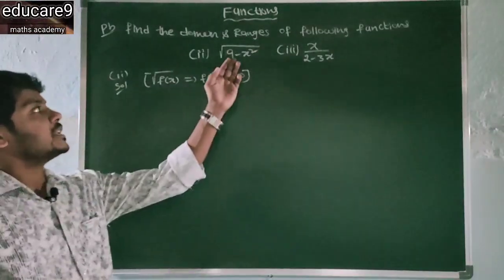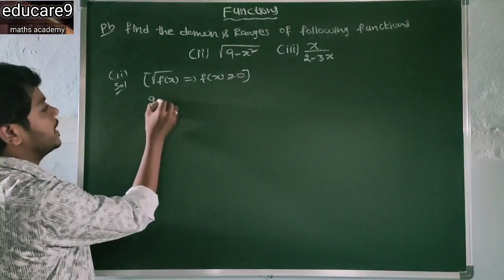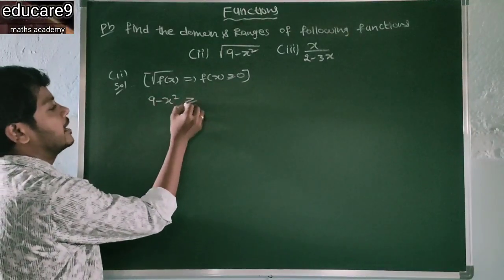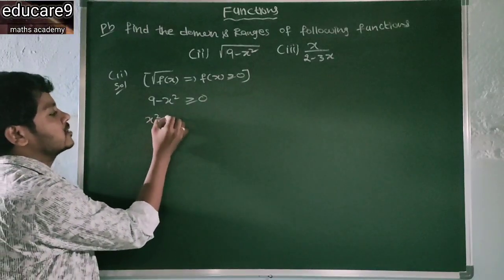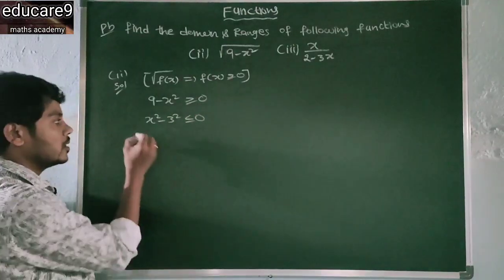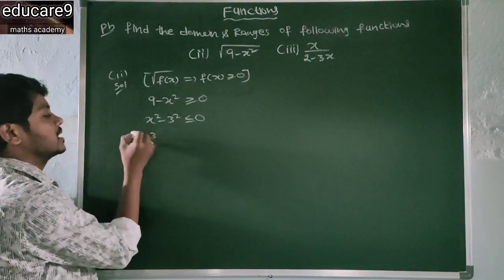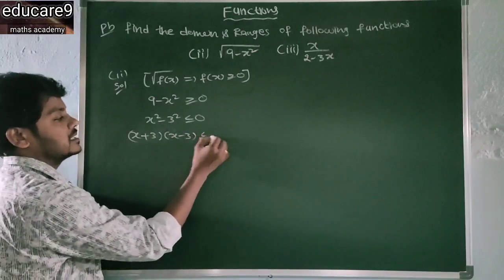So what is f of x here? 9 minus x square. So 9 minus x square is greater than or equal to 0. This can be written as x square minus 3 square is less than or equal to 0. So it is in the form of (x plus 3) into (x minus 3) is less than or equal to 0.